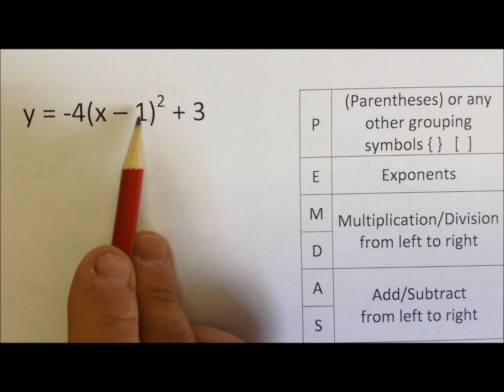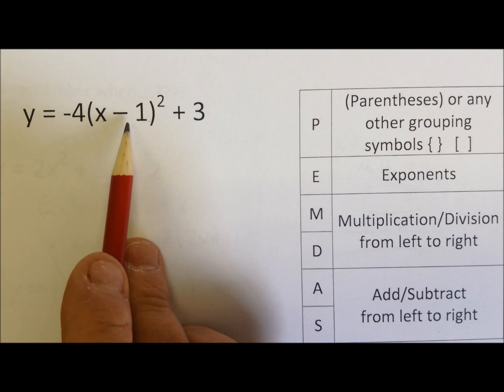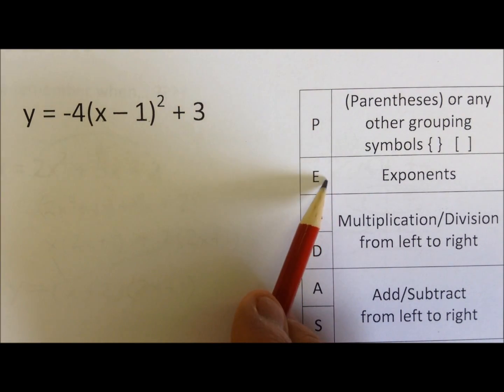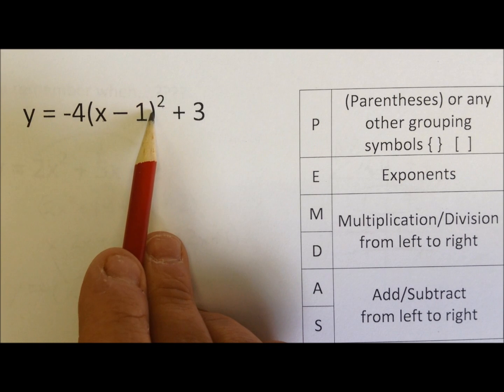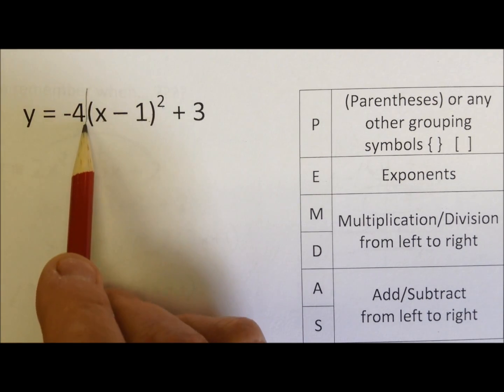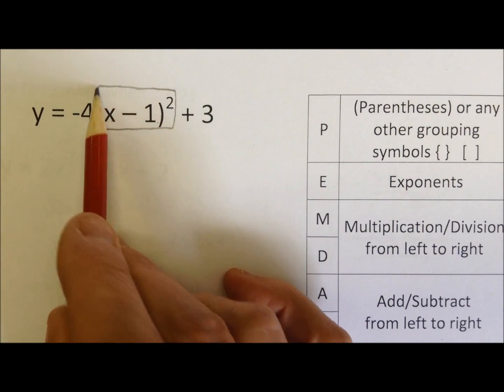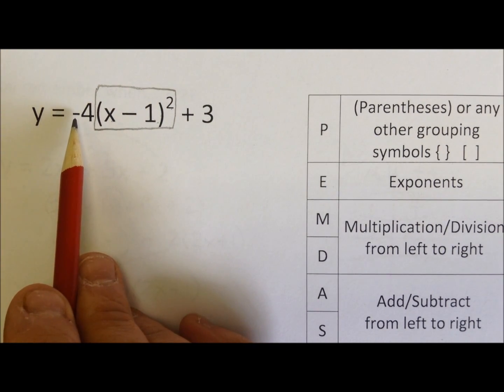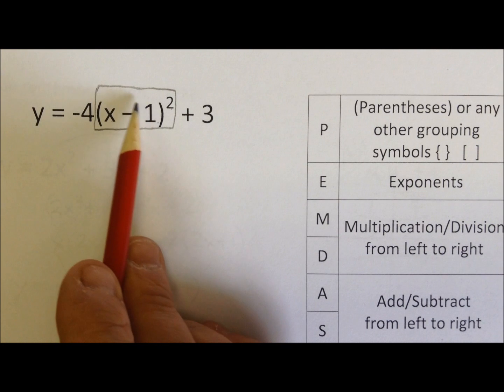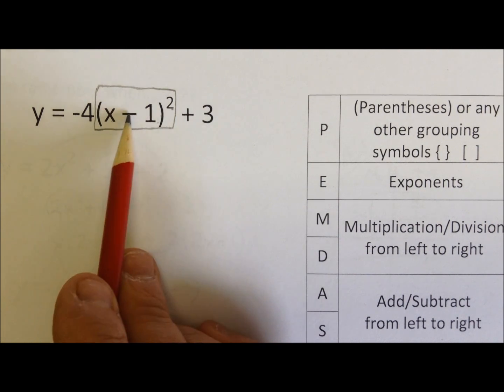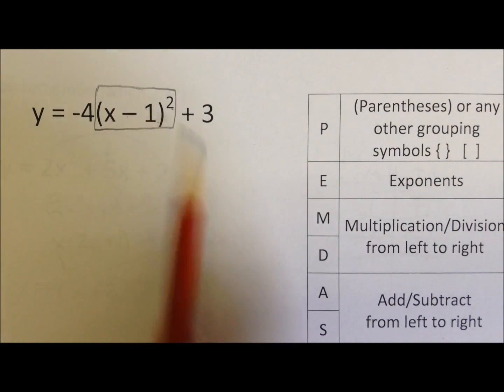There's no work to do inside of the grouping symbol. So that's why I go to the exponent right here, and the exponent is just on the binomial. So I'm not going to square a -4 because it's not inside of this grouping symbol. This exponent just goes with this grouping symbol.